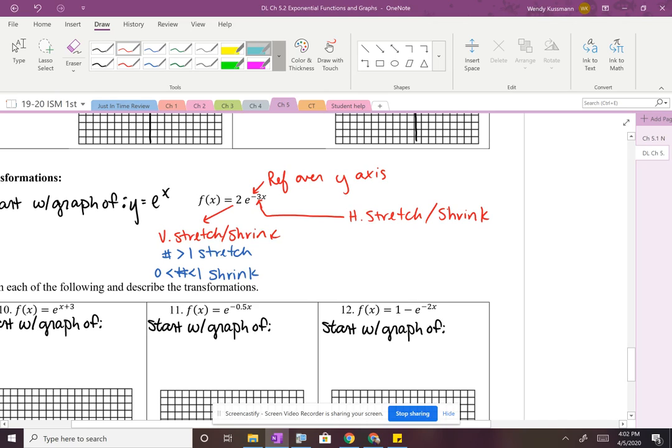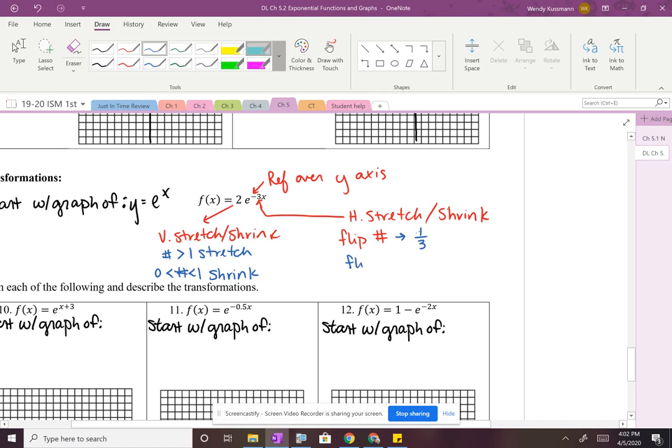Remember that these are the ones we have to be very careful of. Horizontals are changes in x's, so they're opposite. We have to flip the number. In our case, our number is 1/3.